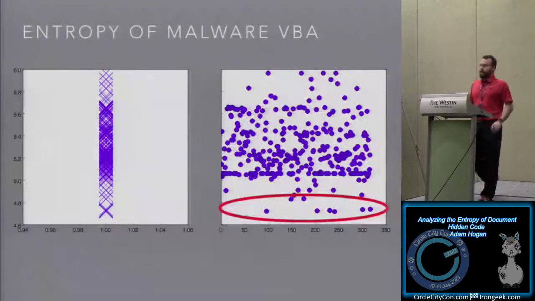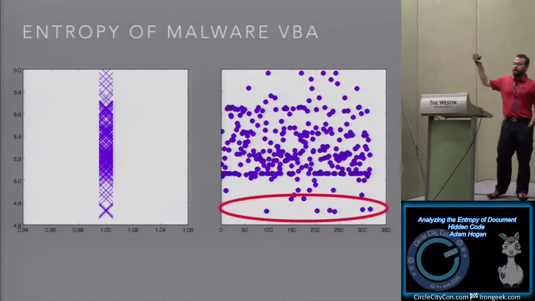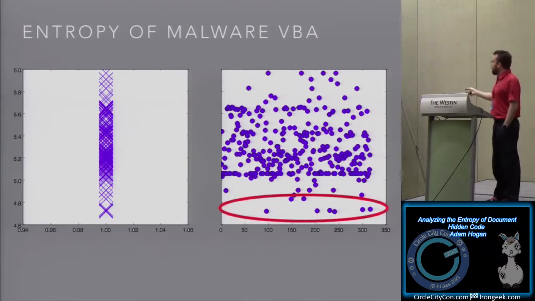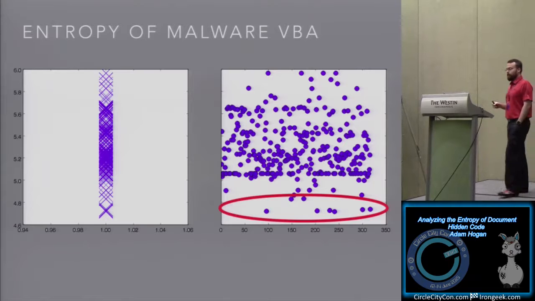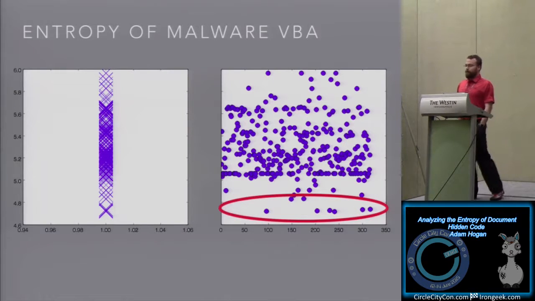So, go back to my data, where we saw all the different levels of entropy I measured, right? Up at the top, we have documents that are heavily randomized. We have most of our stuff coming in the middle right here. We had that really interesting group there that I think is probably all going back to the same threat actor. But what about the stuff at the bottom here? That has some really low entropy, especially compared to VBA scripts and all the other malicious code we're looking at.